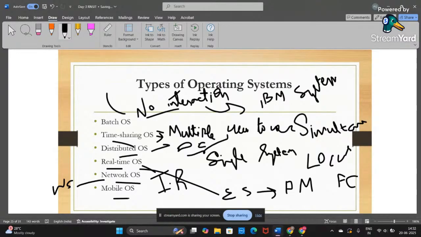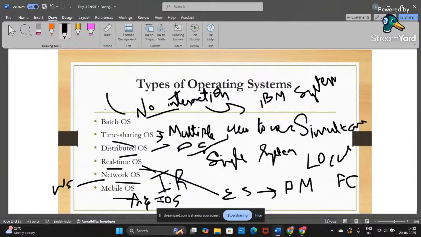Designed for mobile devices. For example, Android and iOS. These are the two operating systems we know in mobile OS.